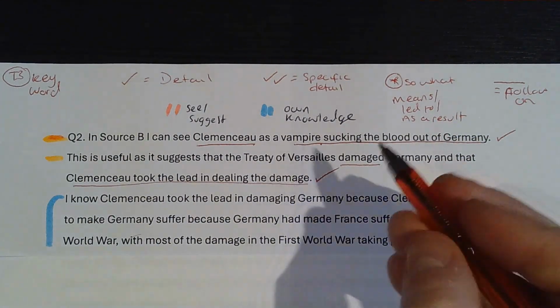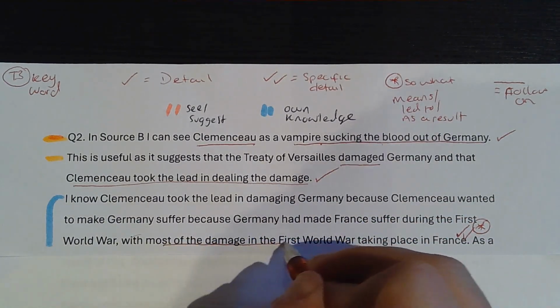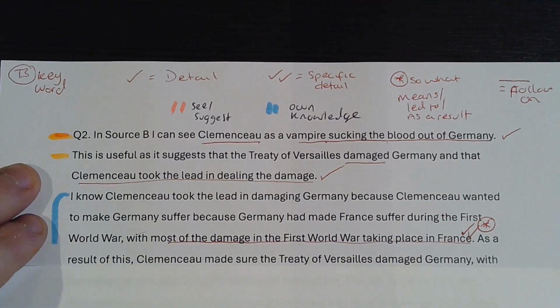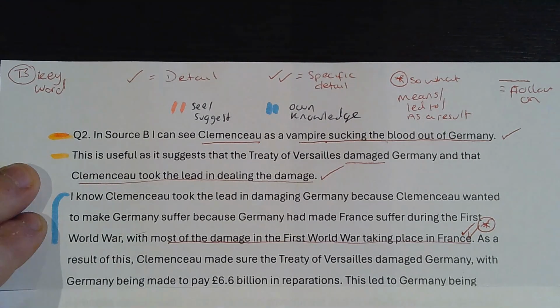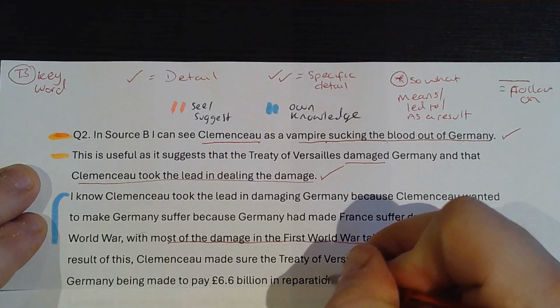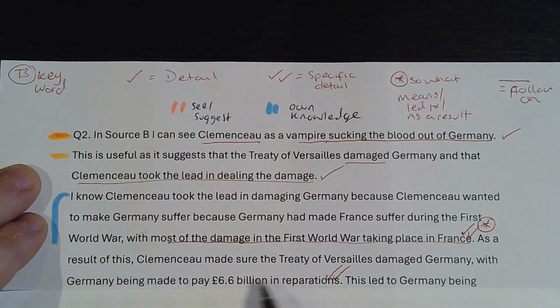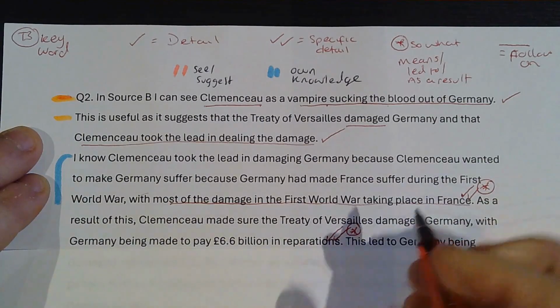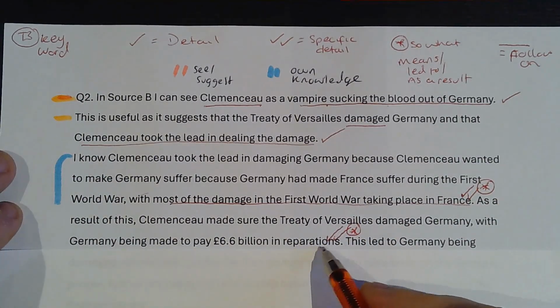So what if most of the damage took place in France? Well, as a result, Clemenceau made sure the Treaty of Versailles damaged Germany, with Germany being made to pay 6.6 billion in reparations. Absolutely. But so what if they were made to pay 6.6 billion in reparations?